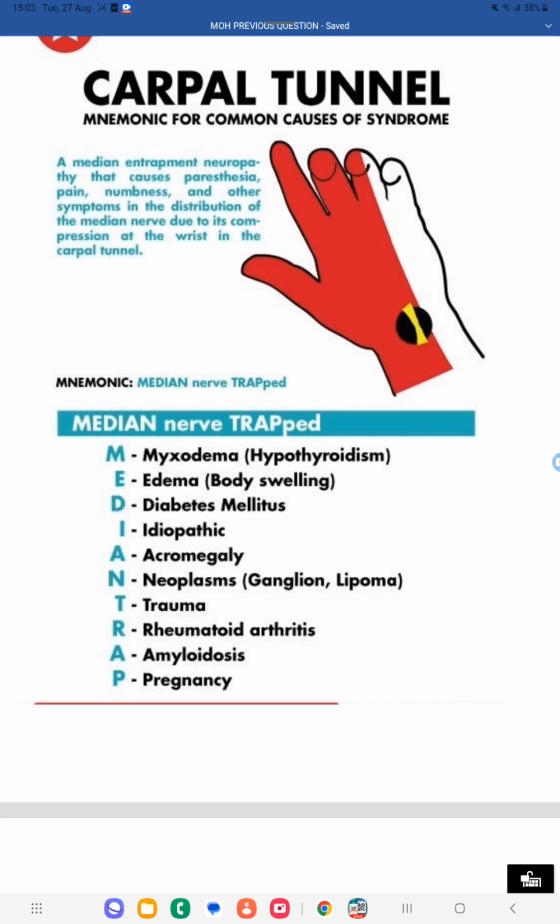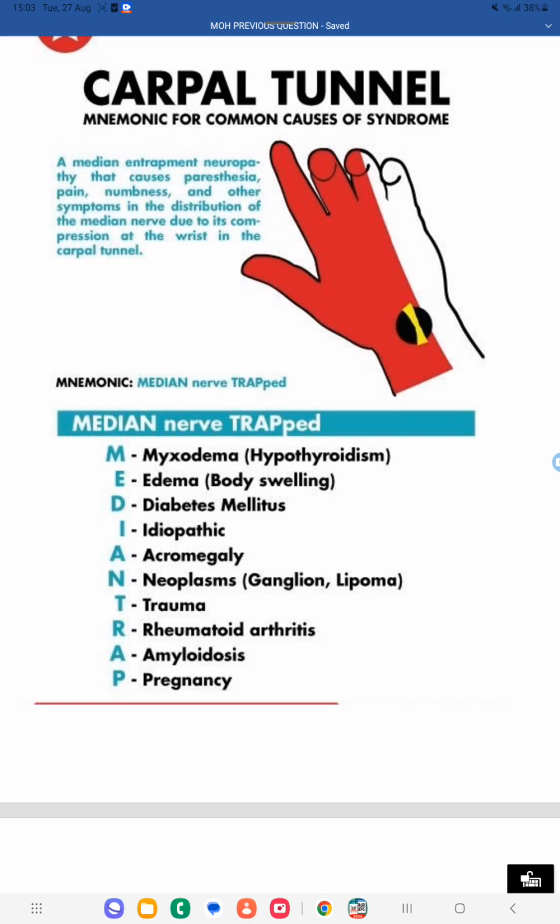In that case also you can get carpal tunnel syndrome. N stands for neoplasm, like ganglion cyst or lipoma. If such a tumor or cyst is near the carpal tunnel area, you get median nerve compression, and that way you get carpal tunnel syndrome.